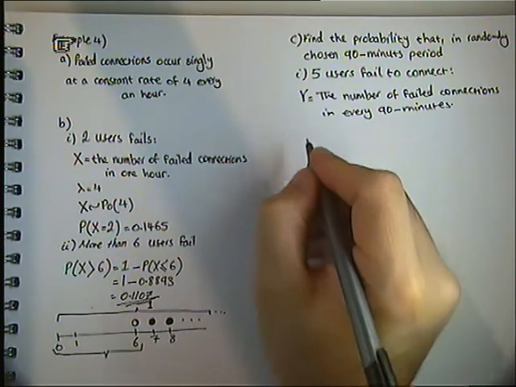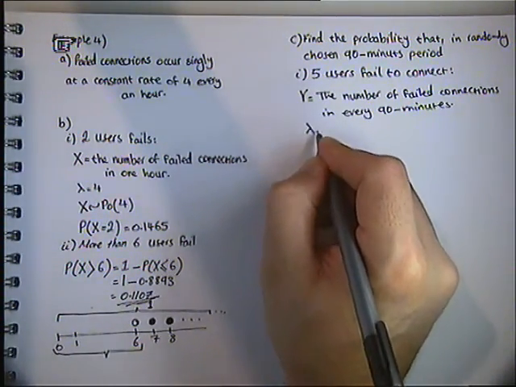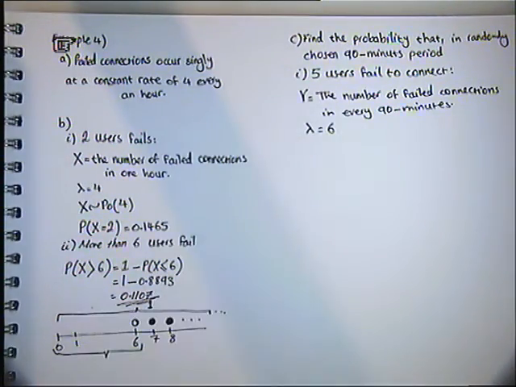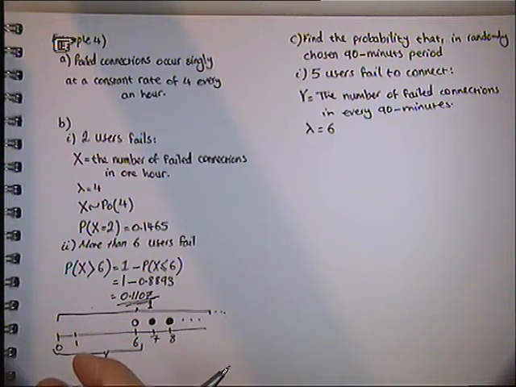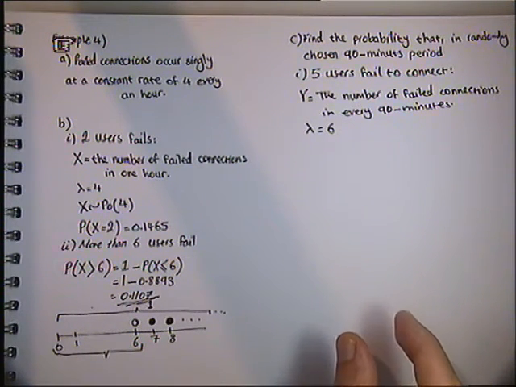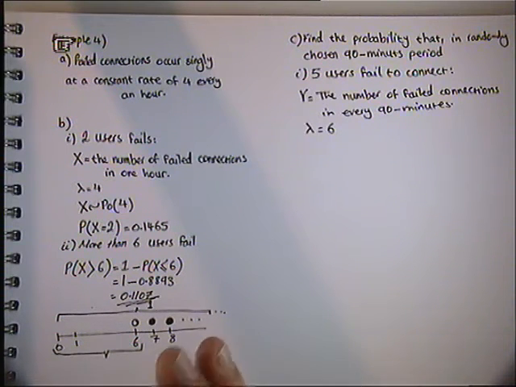So if that's the case, then the new lambda would be equal to 6. Because if 4 connections fail in an hour, 6 connections will fail in an hour and a half. Okay, so we don't really know the position of the failure.